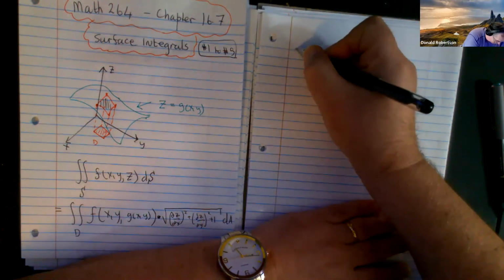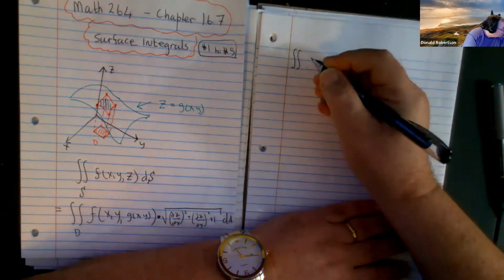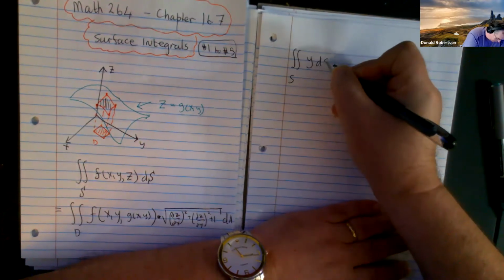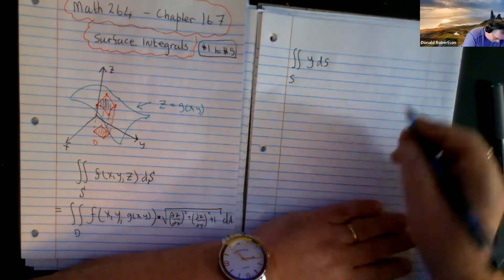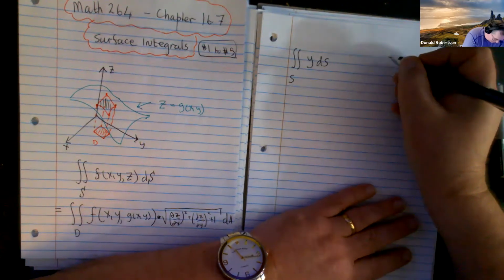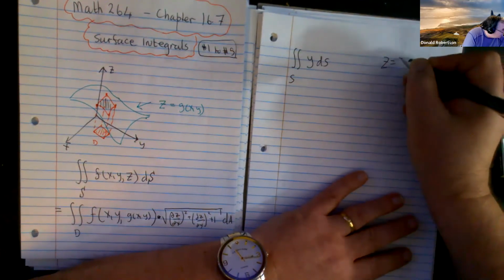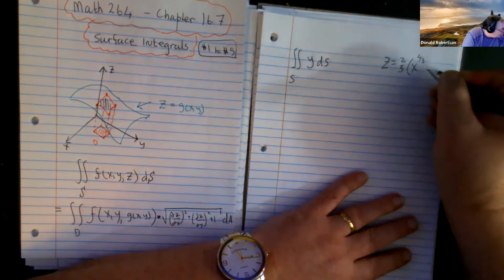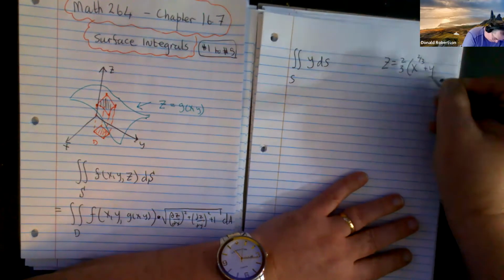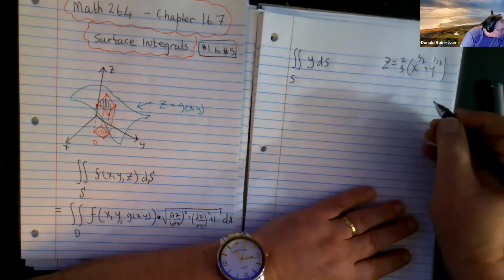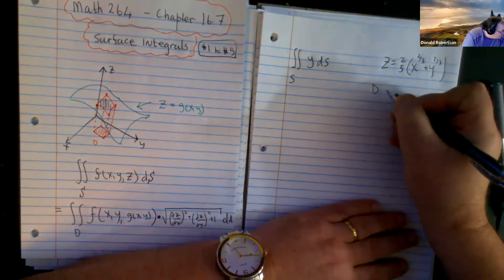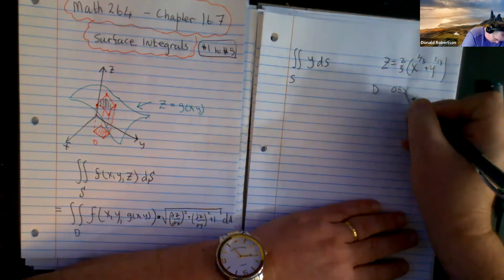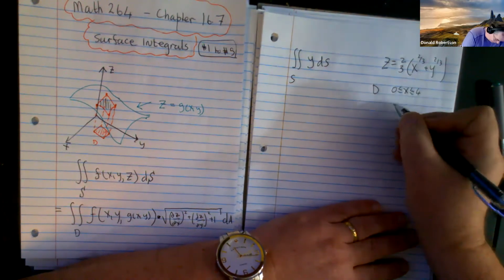So this one is a double integral of y, right? It's that surface integral. Z is 2/3 x to the 2/3 plus y to the 2/3, and D is basically 0 to 4 and 0 to 2.